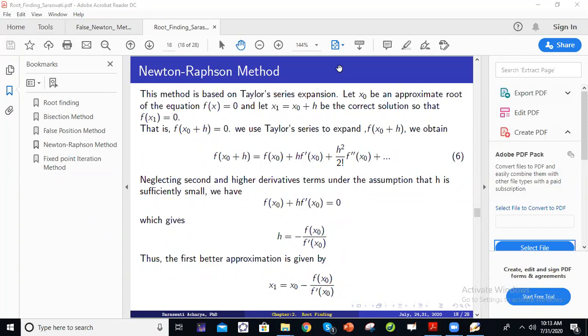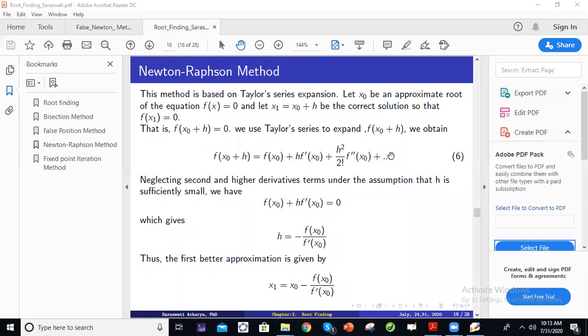Everyone knows we can easily expand the Taylor series for a function of single variable. f of x0 plus h equals f of x0 plus h times f dash x0 plus h square over 2 factorial f second derivative at point x0 plus h cube over 3 factorial f triple derivative at point x0 plus dot dot dot.